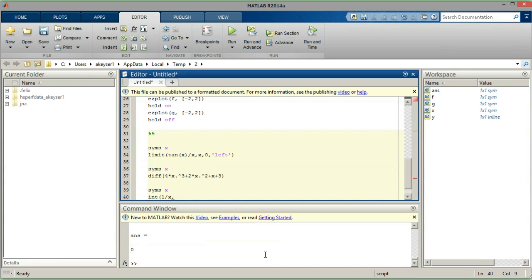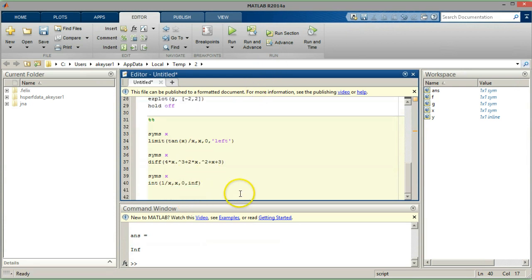My variable of integration is x, and I'm going to go from 0 to inf. That's how you denote infinity, by inf. It's going to tell you this is an infinite area. Your answer is infinity.